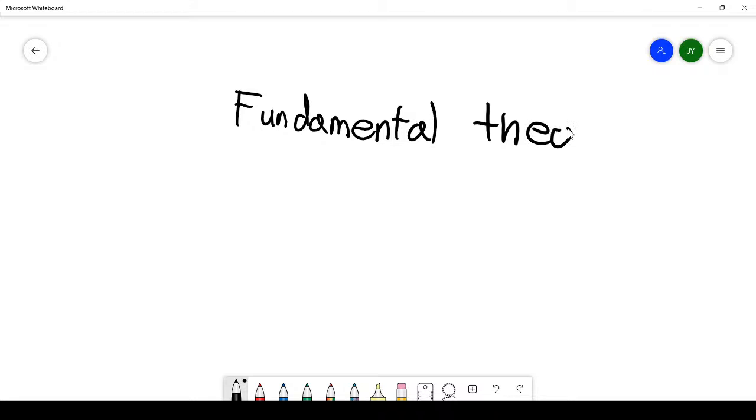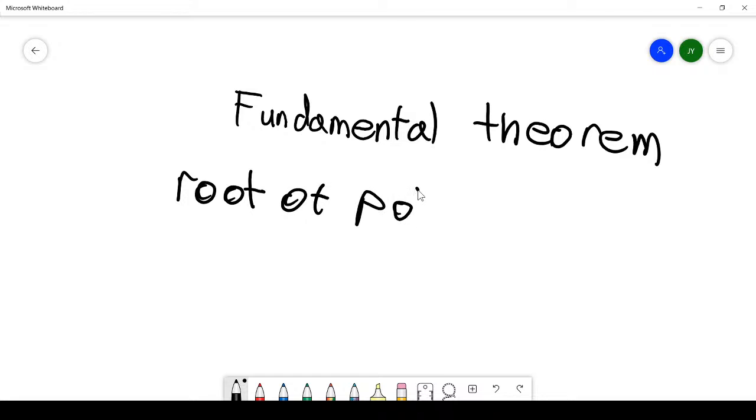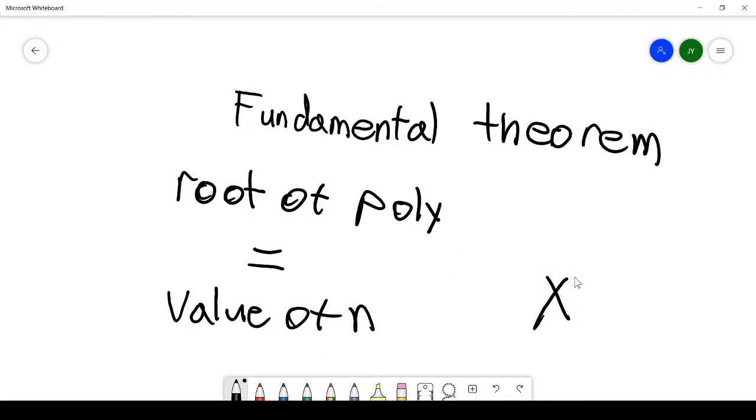So, what this theorem says is that the roots of a polynomial are equal to the value of n, n being the exponent on top of the x. Well, it doesn't always have to be x, but generally x.